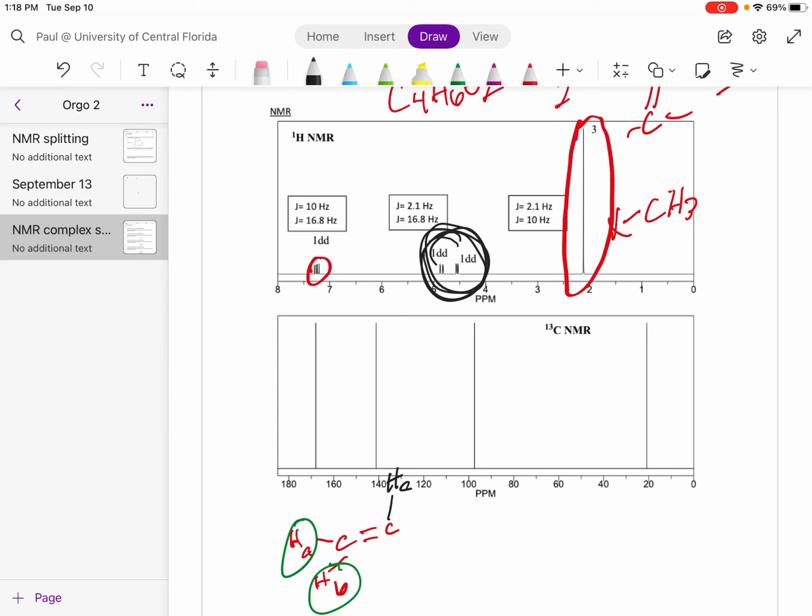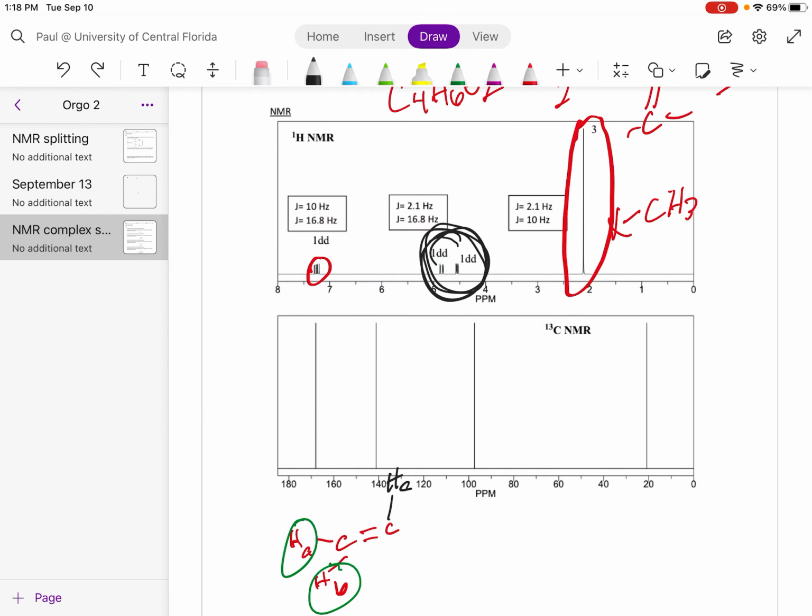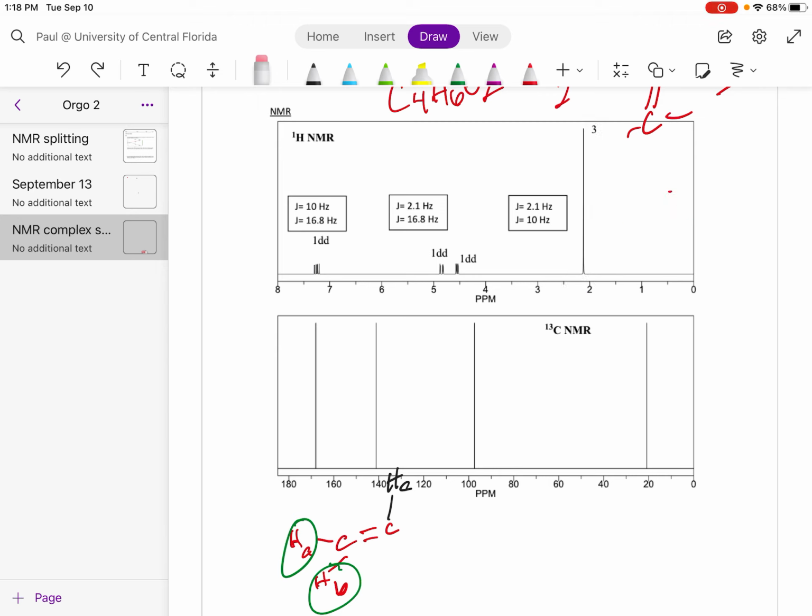We have some carbons right here that are pretty far downfield. That could also imply that we have some alkenes. So that's what I'm going off of, and now I'm just going to try to put the molecule together to see if I can make it match the NMR.